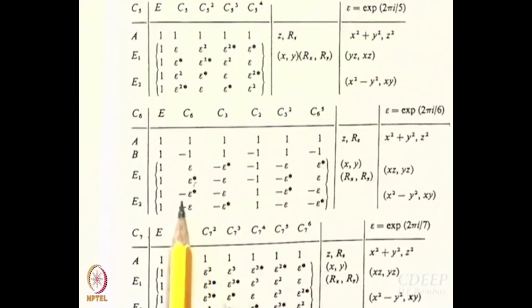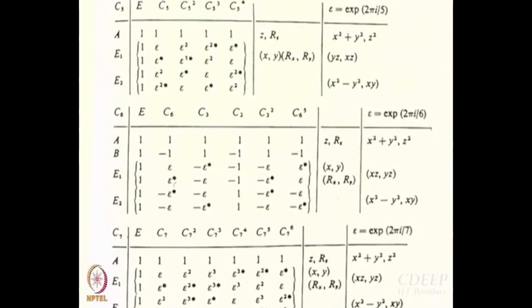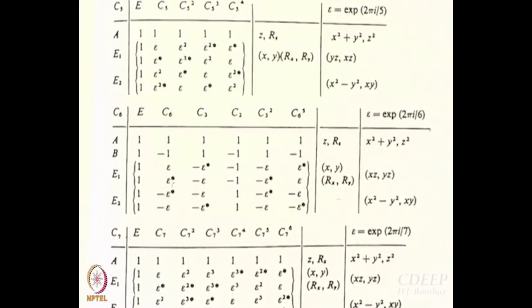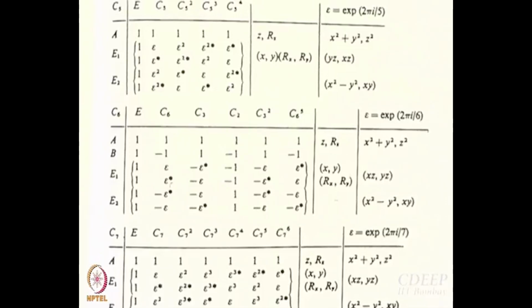And here again you have minus epsilon star, minus epsilon star, 1, 1, minus epsilon star, minus epsilon star. So we have basically taken complex conjugates. That is how you club. It is all symmetry rules, and that is how we get rules that govern symmetry.